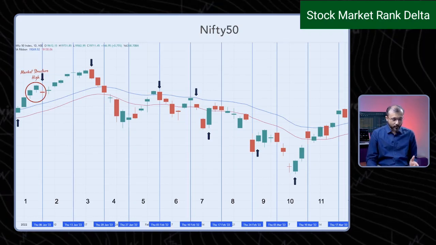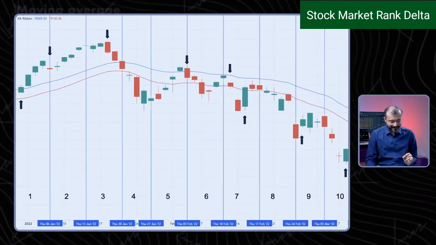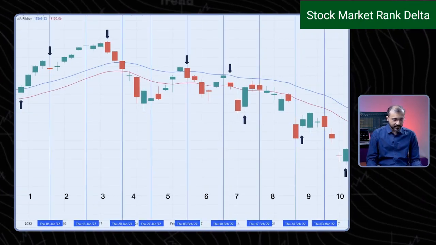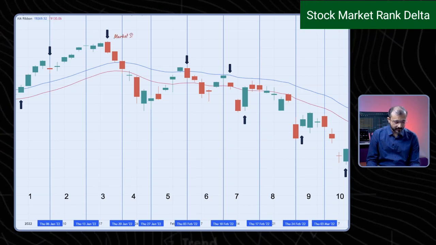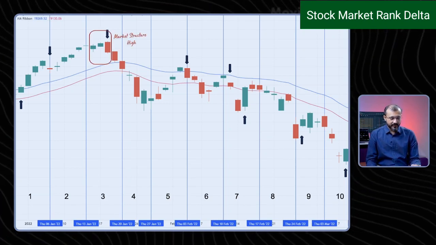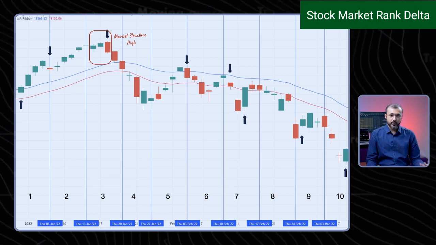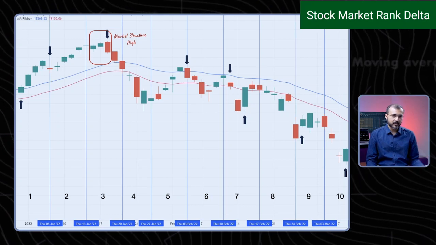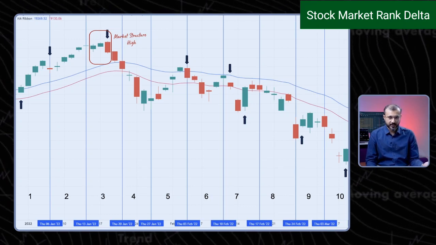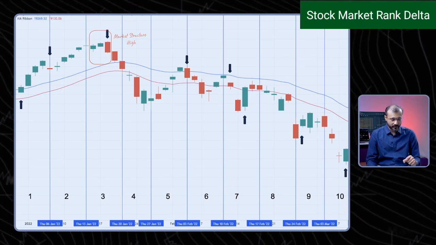Similarly, between 13th Jan and 22nd Jan we have a market structure high, two bullish candles and one bearish candle. This bearish candle is engulfing the previous candle. So you can have an engulfing pattern confirming that it's a market structure high, because you have two higher closes and then one lower close.